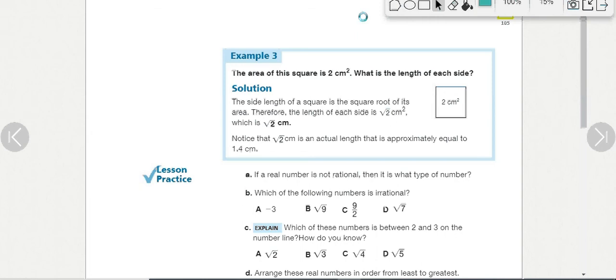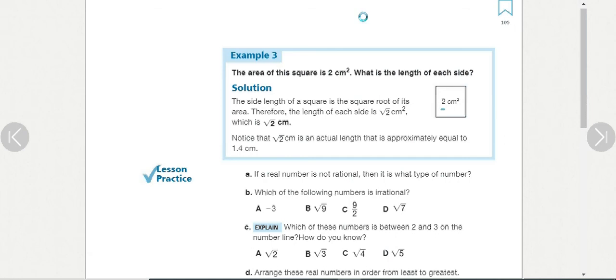So if the area is an annoying number like 2 centimeters squared, and we need to know the length of a side, we would square root that and say our answer is square root of 2 centimeters, yes, an irrational number. It's an actual length. You know, if you took a ruler to this, it would be somewhere around 1.4. Okay, but you wouldn't actually know the exact measure, which is interesting.